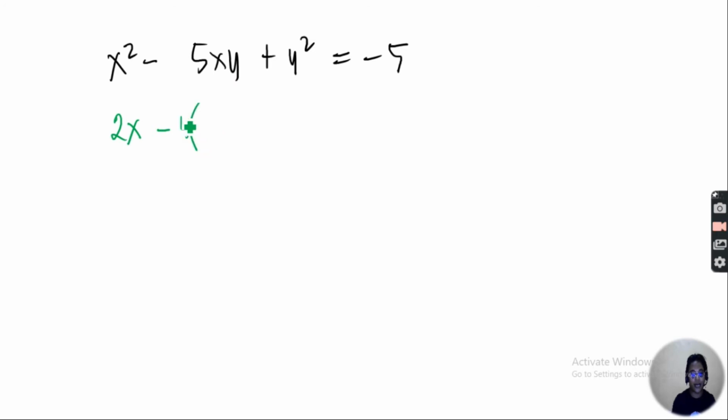So, 5xy, x times the derivative of y is y prime plus y, derivative of x is 1, plus the derivative of y squared is 2y y prime is equal to 0.